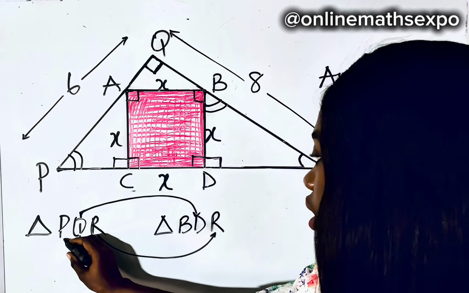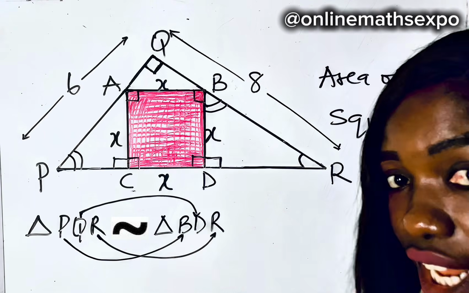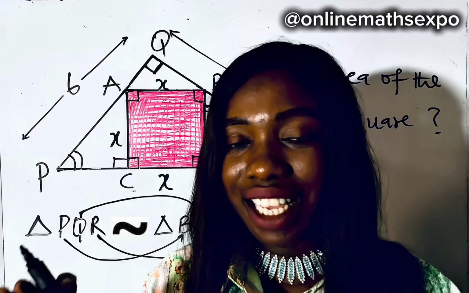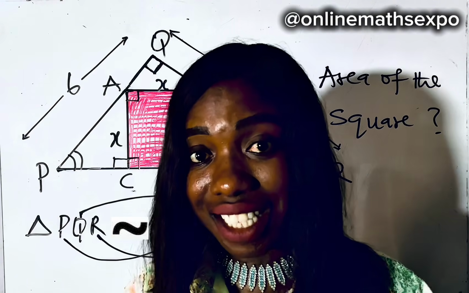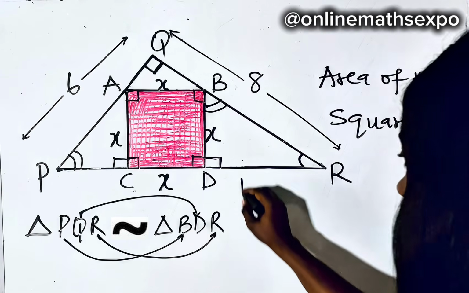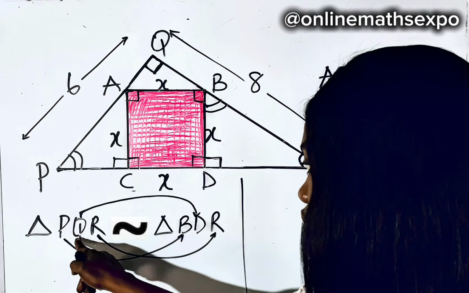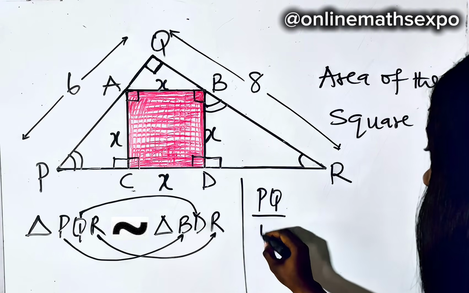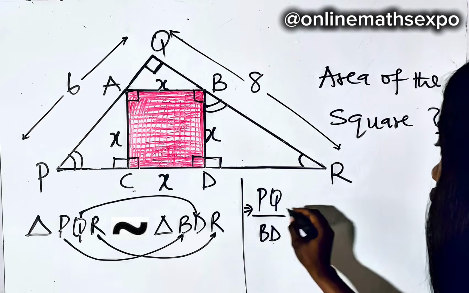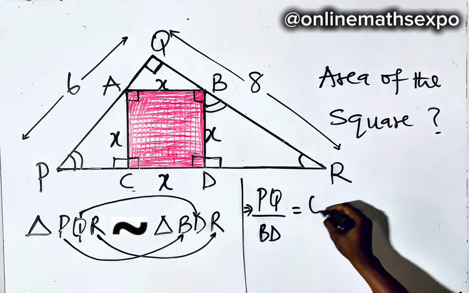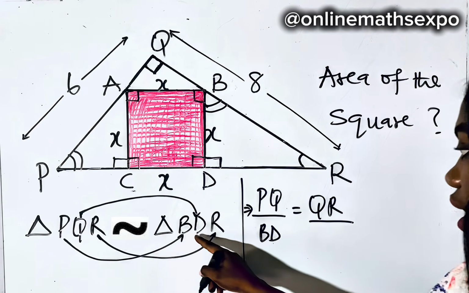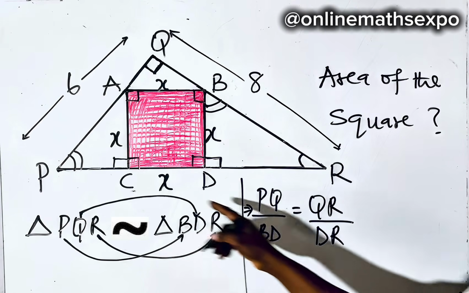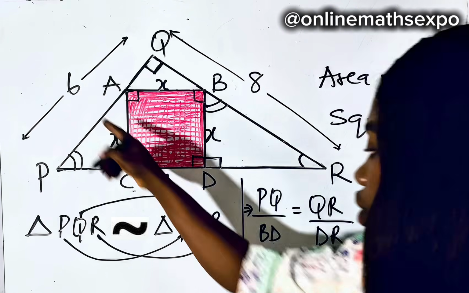And what does it mean? It reminds you of your similarity property. For similar triangles, their corresponding sides are proportional. It means that length PQ divided by length BD should be equal to length QR divided by length DR. Looking at the diagram, PQ is this whole length, which is 6 units.